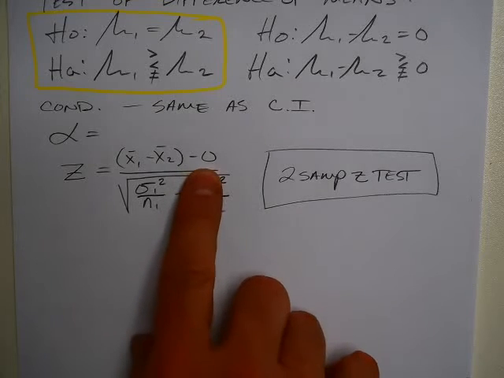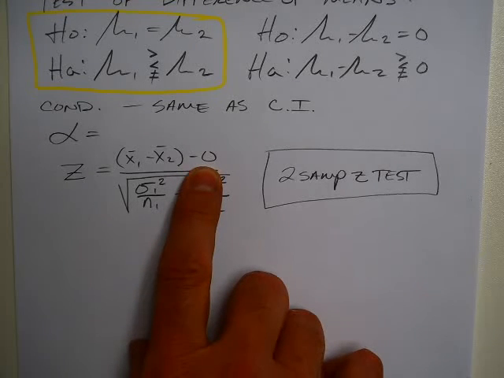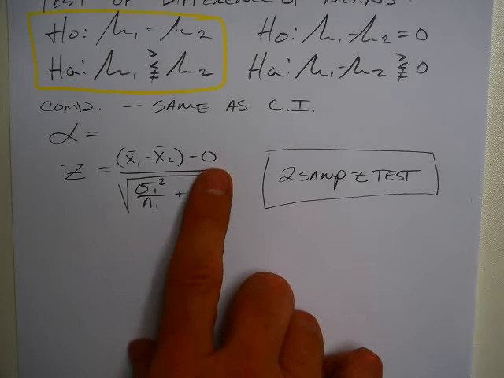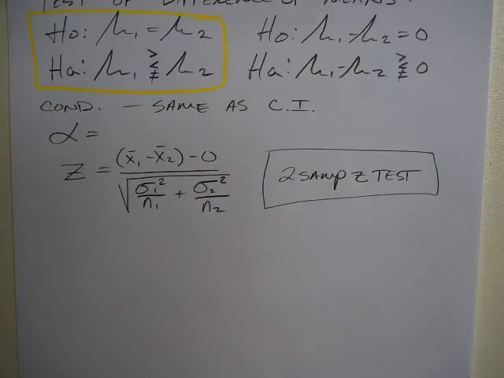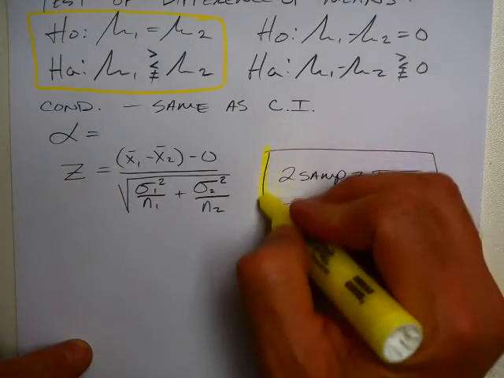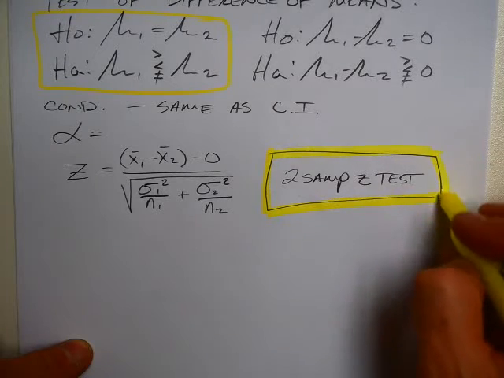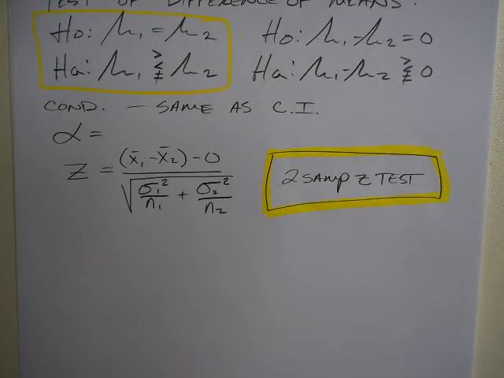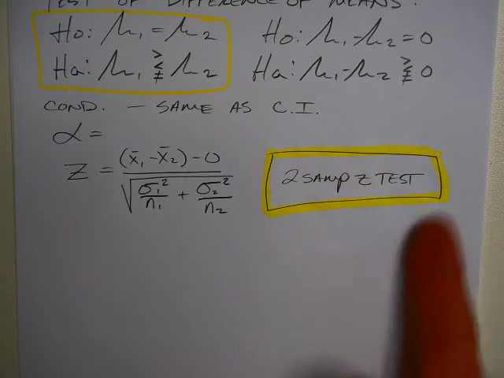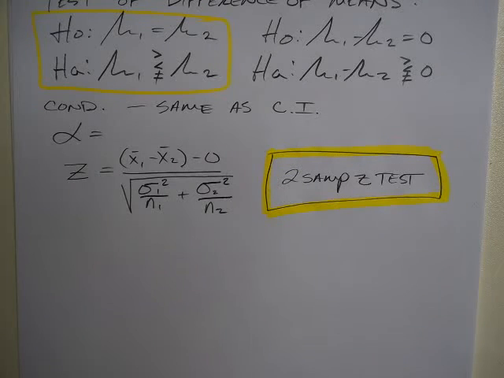The norm being 0, mu sub 1 minus mu sub 2 equals 0. That's what we expect. So it's just standardizing. It's no different than it's been. It's just a little more complex in terms of the formula.